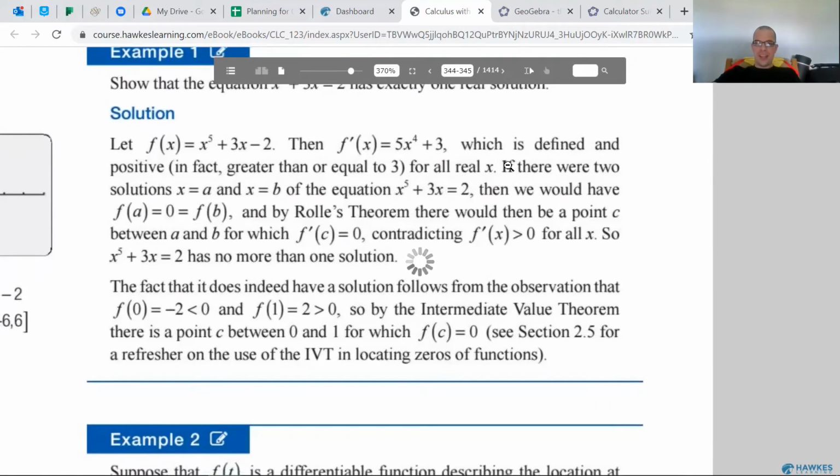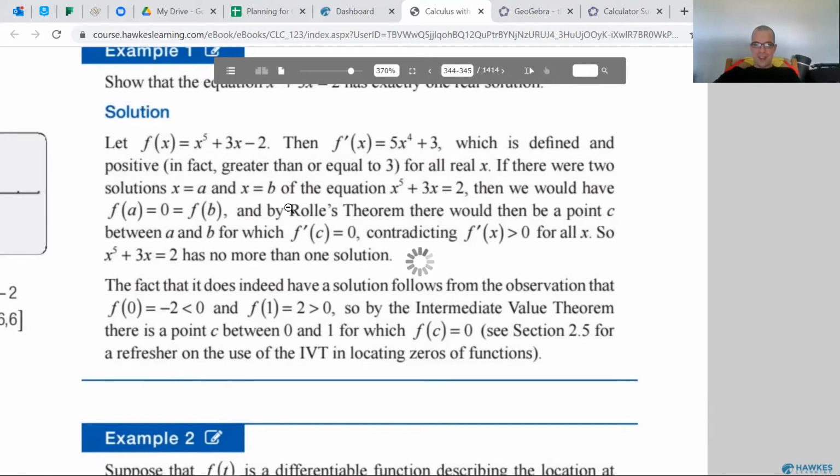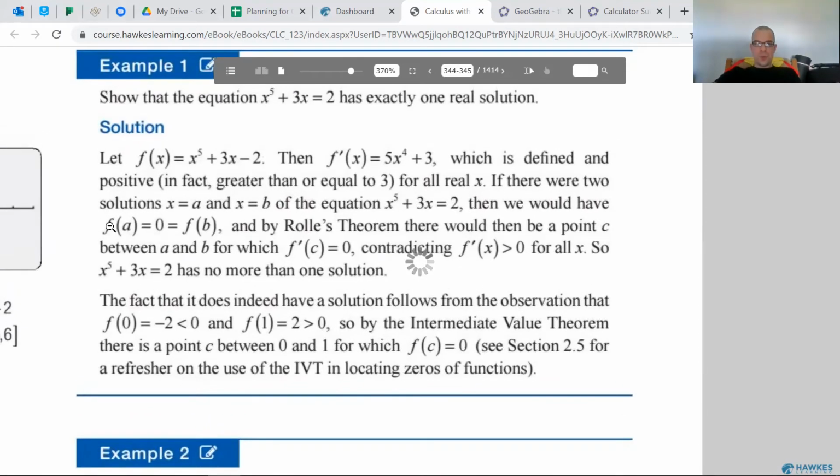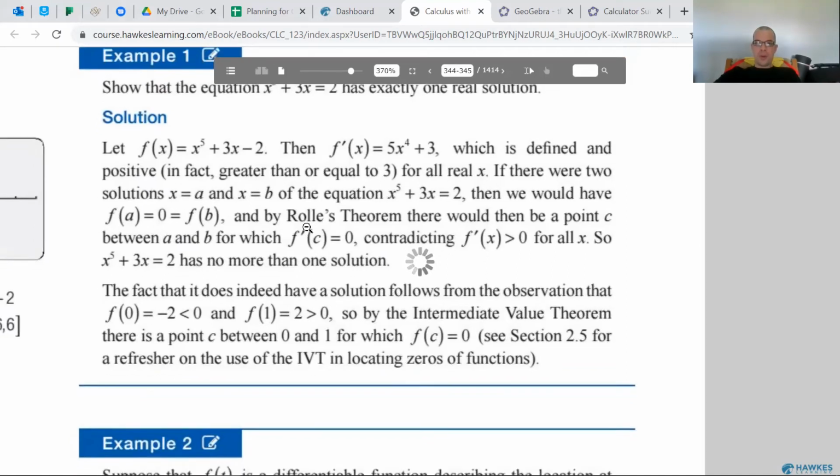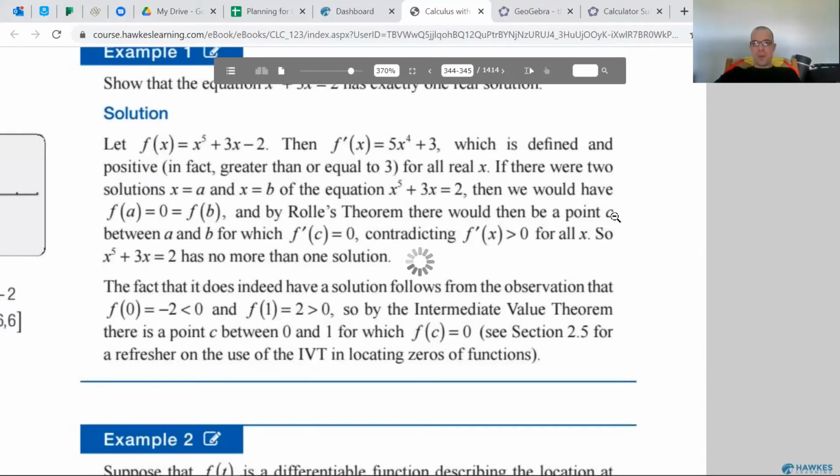So what we're doing in this sense is saying, if there were two solutions, x equals a and x equals b, of this equation, then we would be able to say that f of a equals 0, and so does f of b. And by Rolle's theorem, there would be some point c where the derivative equals 0, contradicting the fact that we found a derivative that's always positive.